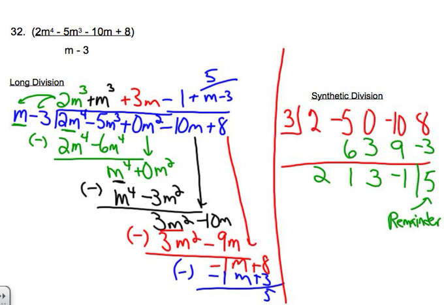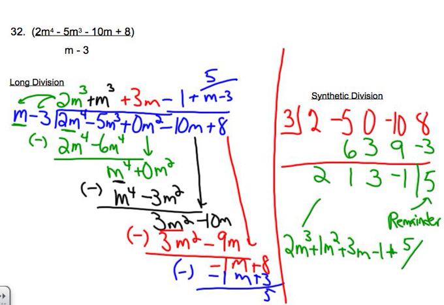Since the polynomial started as a 4th degree polynomial, that means this right here is a 3rd degree polynomial, with 2 being the leading coefficient. And then go right down the line. We then would have 2m cubed plus 1m squared plus 3m minus 1 plus the remainder, 5 over m minus 3.